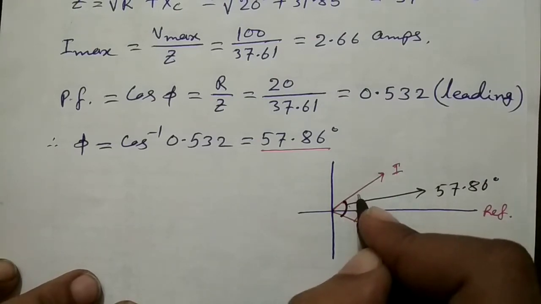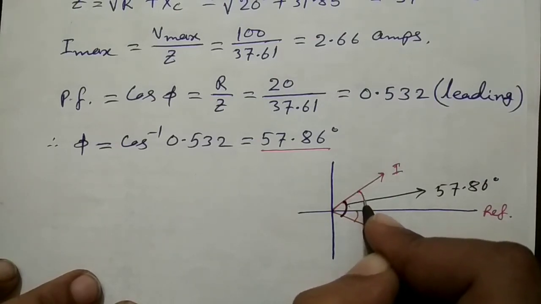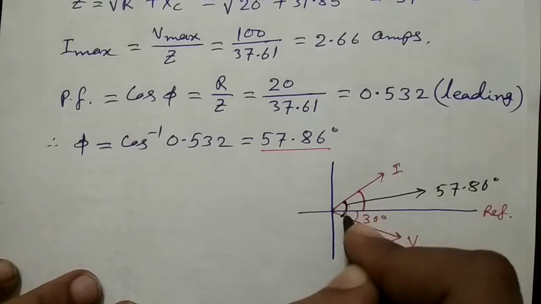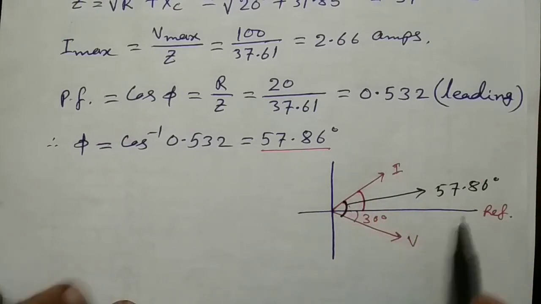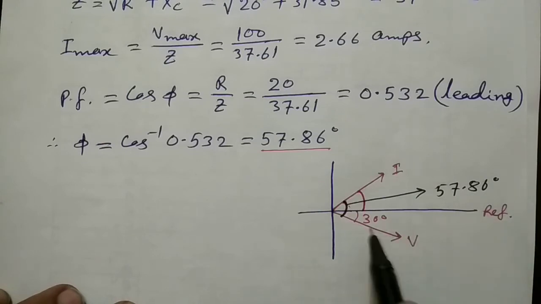So we can find the angle of the current with respect to the reference line. So it should be 57.86 minus 30.